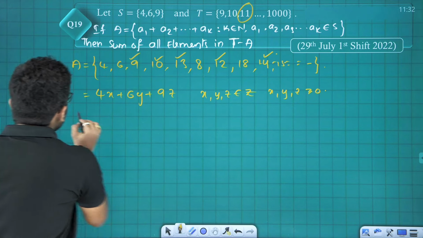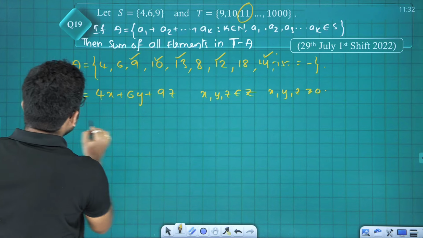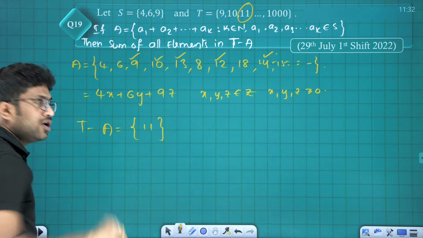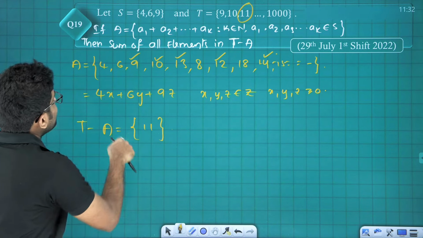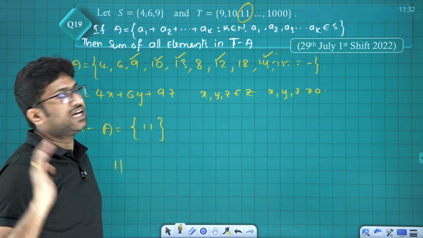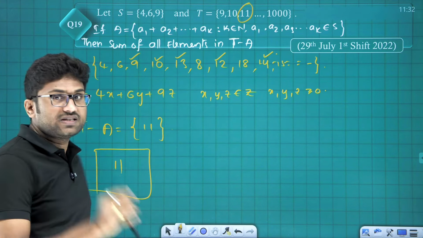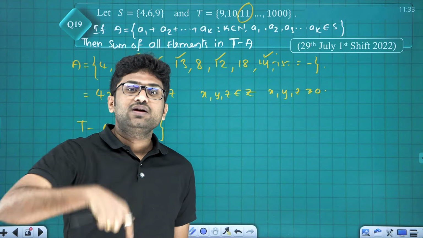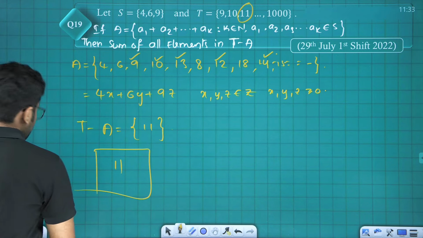So that means T minus A, when you exclude, there exists only one element, which is 11. So now they are asking the sum of all the elements in T minus A. That is only one element, so the element itself. The answer is 11. If they ask the number of elements in T minus A, the answer is 1. Now they are asking the sum of the elements in T minus A, which is 11.